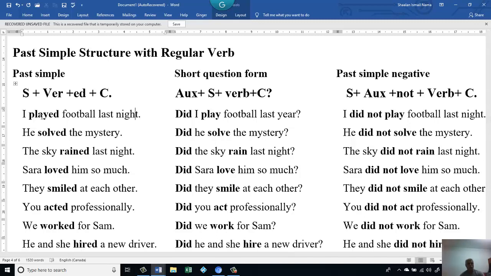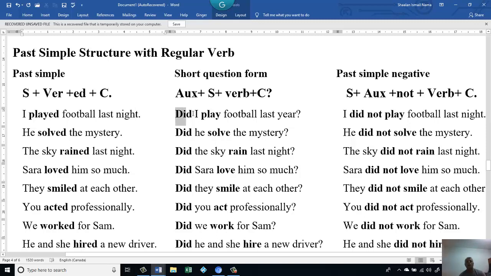Then how am I going to make this one negative, or to make a short question, sorry, first. To make a short question form, because we said that if I don't have an auxiliary verb, I cannot make it a question first, and also I cannot make it negative. Then I have to look for some auxiliary verb to add here. If you remember, we said that in the present time we use do and does, but in the past we use did.